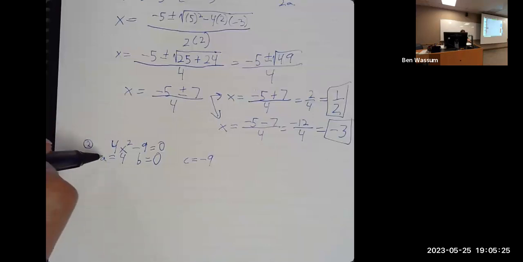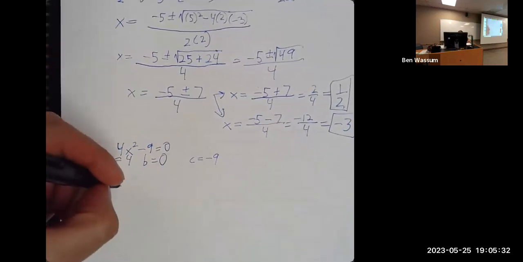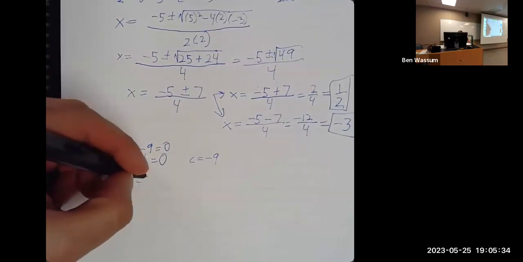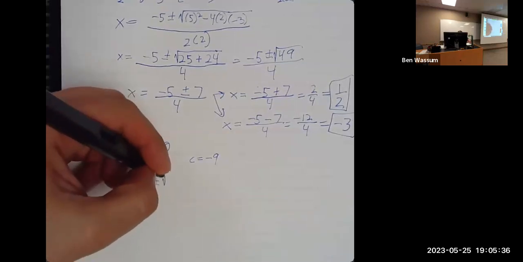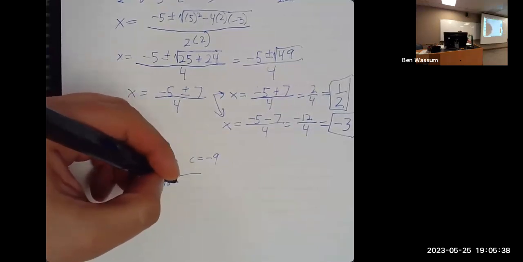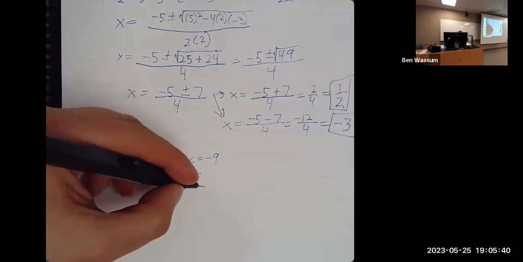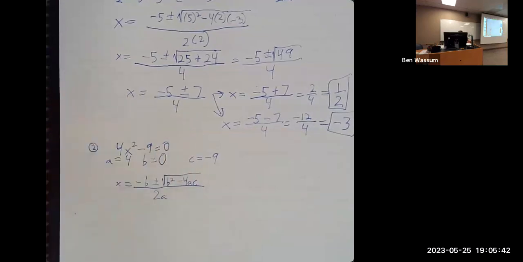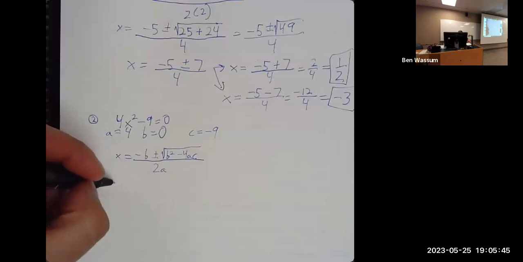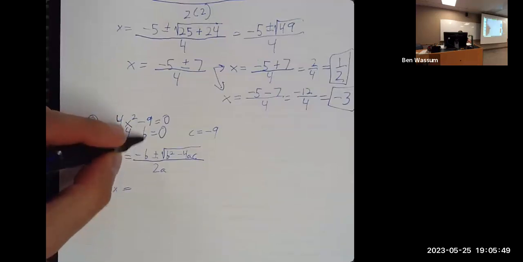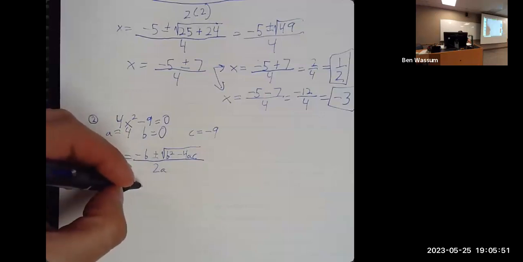Now from here, based on those 3 numbers, we're going to do the exact same thing. So I'm going to write out the formula again. Negative b plus or minus square root b squared minus 4ac all over 2a. And let's see what we get. So our b is 0, so I don't have anything here.